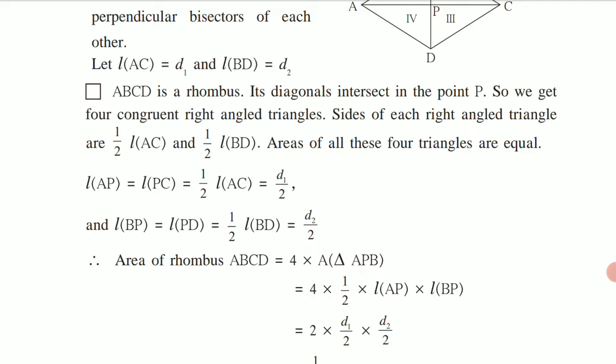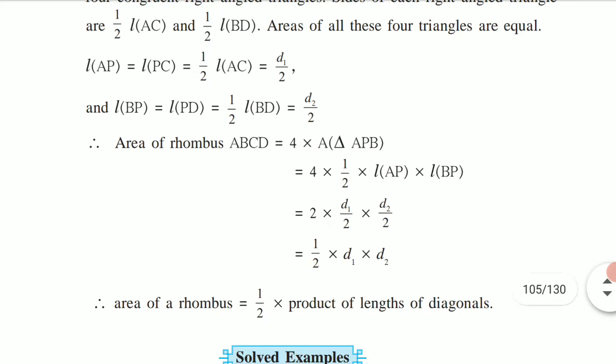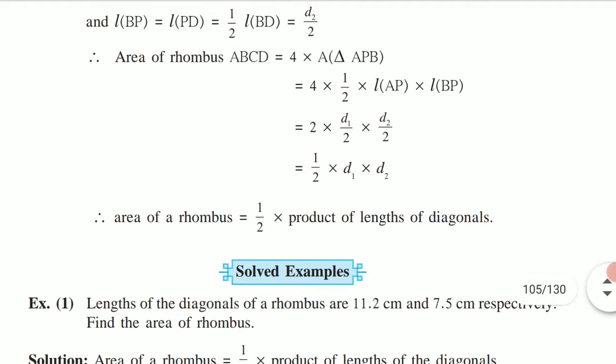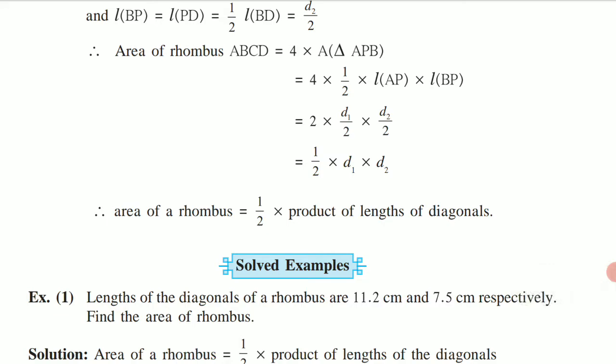Therefore, area of rhombus ABCD is equal to 4 into area of triangle APB is equal to 4 into 1 upon 2 into length AP into length BP is equal to 2 into d1 upon 2 into d2 upon 2 is equal to 1 upon 2 into d1 into d2. Therefore, area of rhombus is equal to 1 upon 2 into product of lengths of diagonals.